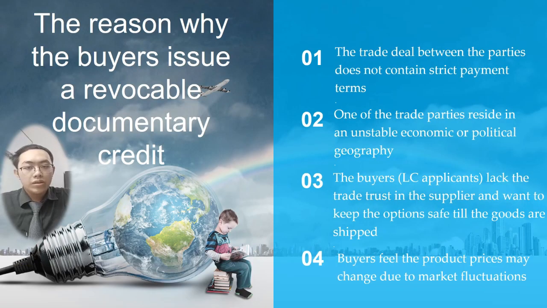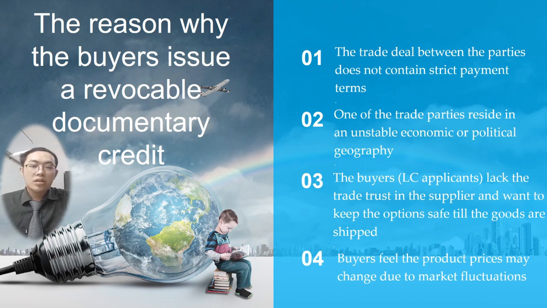And here I will discuss the reasons why the buyer issues a revocable documentary credit. First reason is the trade deal between the parties does not contain strict payment terms, and the second reason is one of the trade parties resides in an unstable economic or political geography.